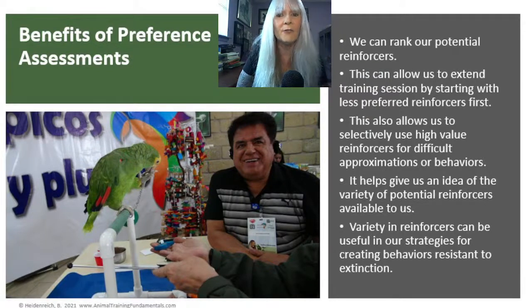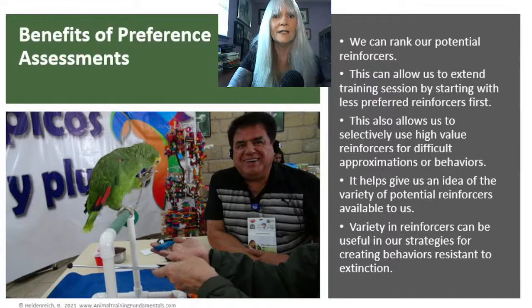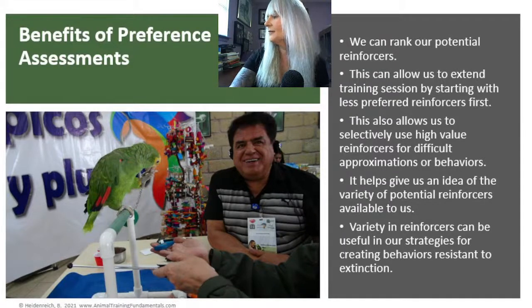As we know, variety can be helpful, especially in our strategies for creating behaviors resistant to extinction. So when we're in maintenance mode and trying to keep things going for long duration, we can use our variety of reinforcers as well. I really find value in knowing, and it's nice to have the data that can help us with that.